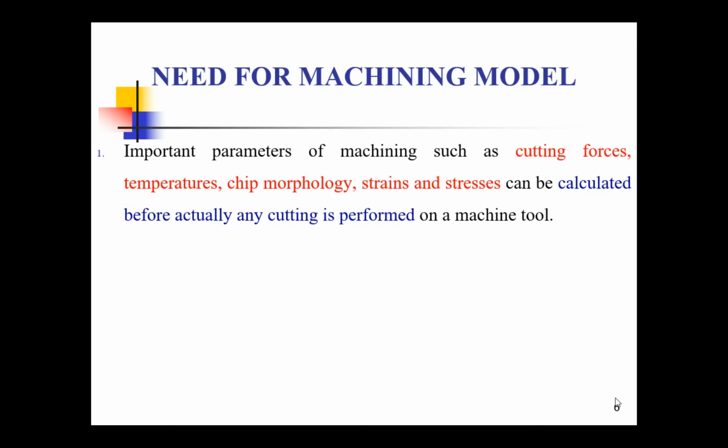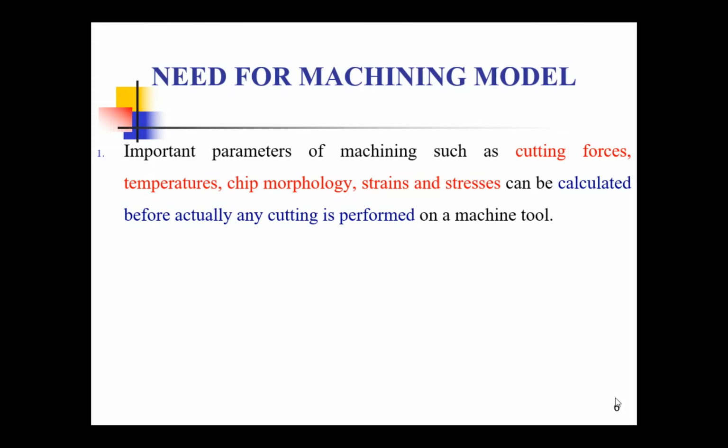Because materials will be removed by pure shearing action along the shear plane. In the turning model, we consider a shear plane. The material will be sheared along that plane and the unwanted material will be removed as a chip. So we are more concerned about the stresses and strains, which we can calculate prior to experimental work.